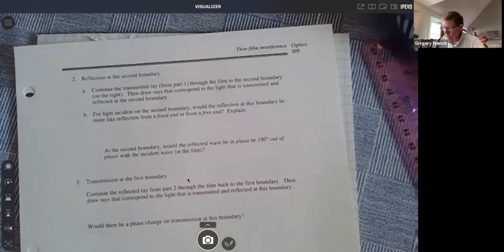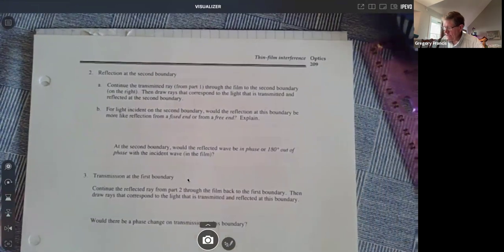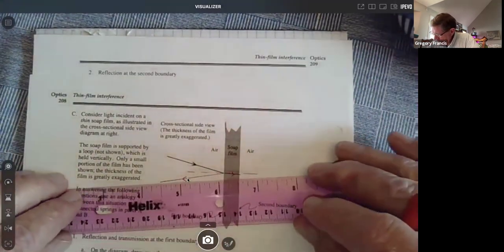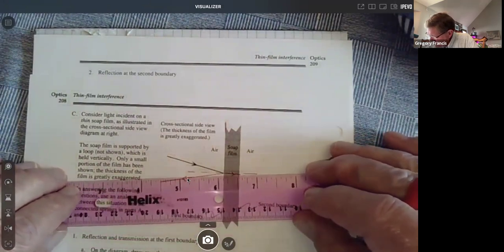So now we're told to continue that transmitted ray from part one through the film to the second boundary on the right, and then draw rays that correspond to the light that is transmitted and reflected at the second boundary. Okay, so let's do that. So we send this one back.